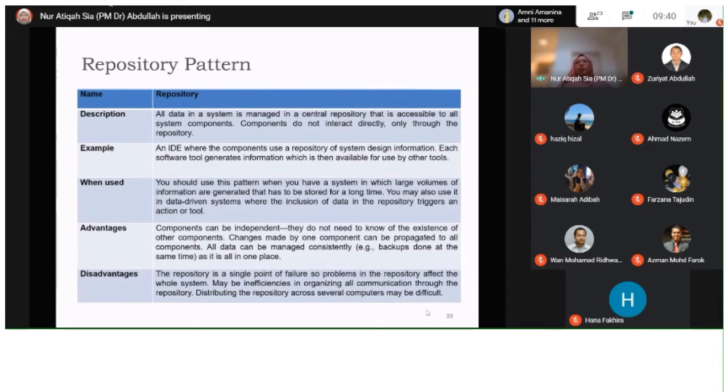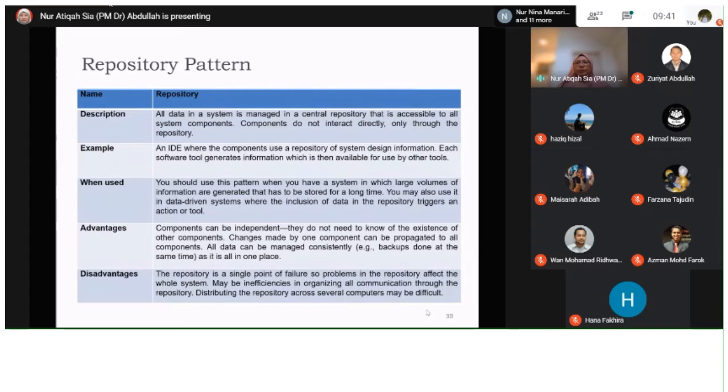organized in one place. However, disadvantage there is actually a single point of failure. Meaning that once ada attack kepada contoh dia DOS, okay, denial of service attack. Once berlaku je, memang whole system akan affected. That's why kadang-kadang kebanyakan masa adalah repository dia akan menggunakan client server.